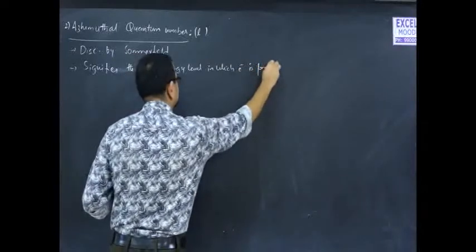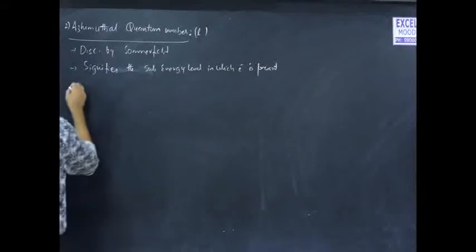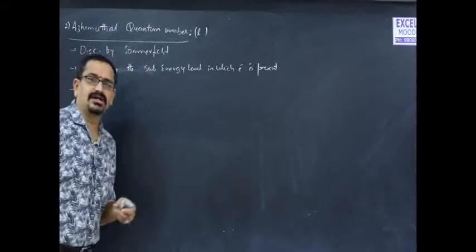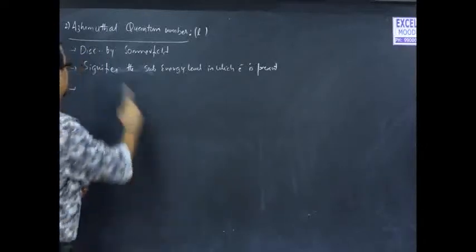The concept given with the Azimuthal quantum number is that every energy level has several sub-energy levels.